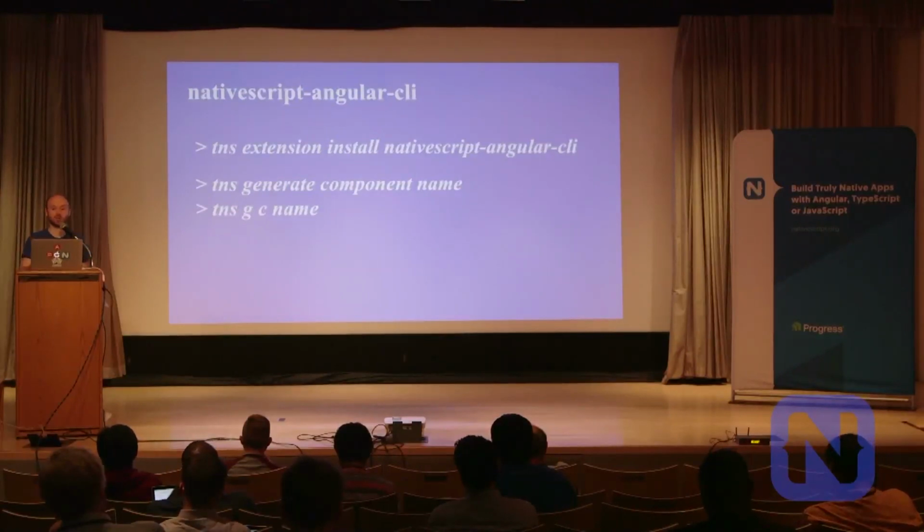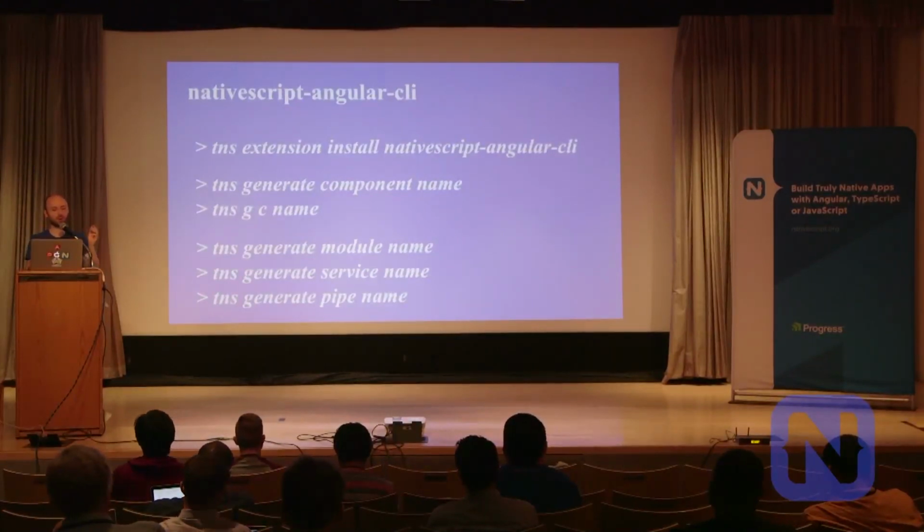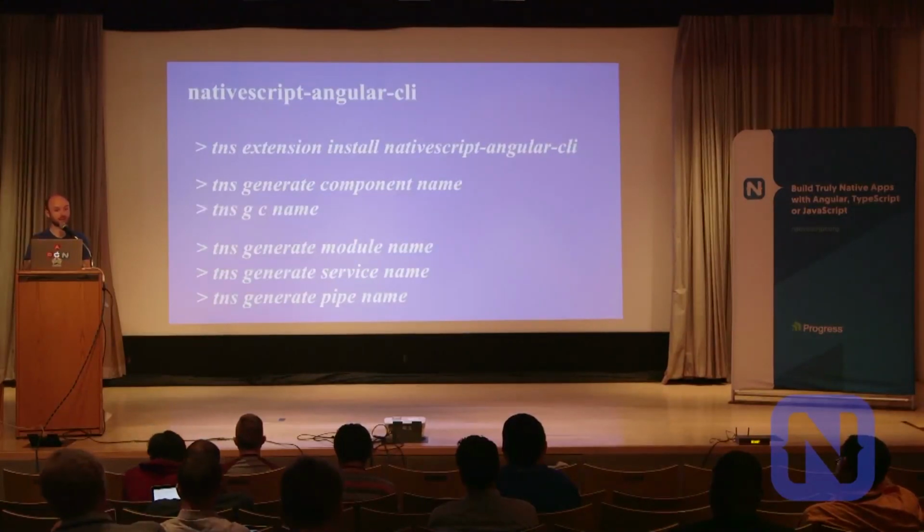So you already have all the HTML files, the CSS, the TypeScript files set up. If you want to create a module, a service or a pipe, you can either use the full name, or you could say tns gs name for service. That pretty much will scaffold your application and add things.